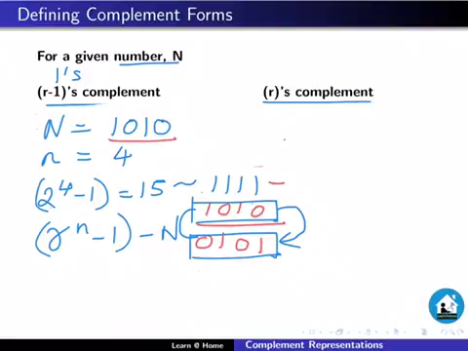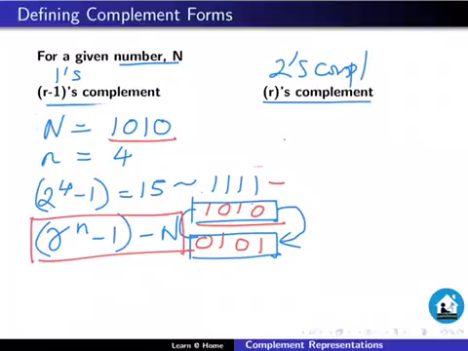Now let us try to understand what is 2's complement for a binary representation. And don't forget that the general representation of 1's complement is r raised to n minus 1 minus N. Now let us look at the general representation of r's complement.